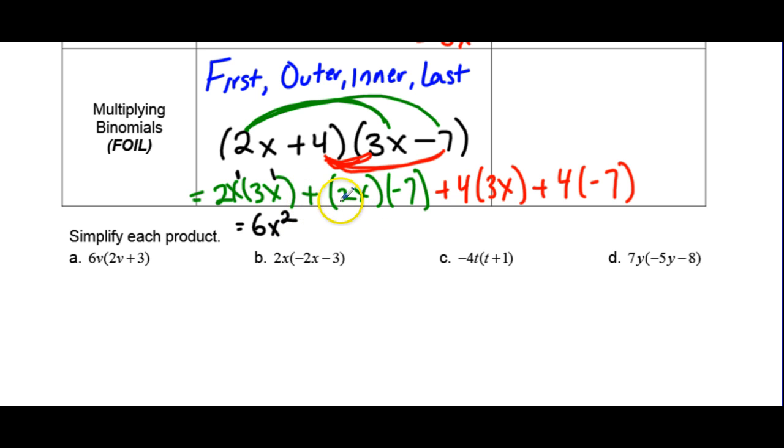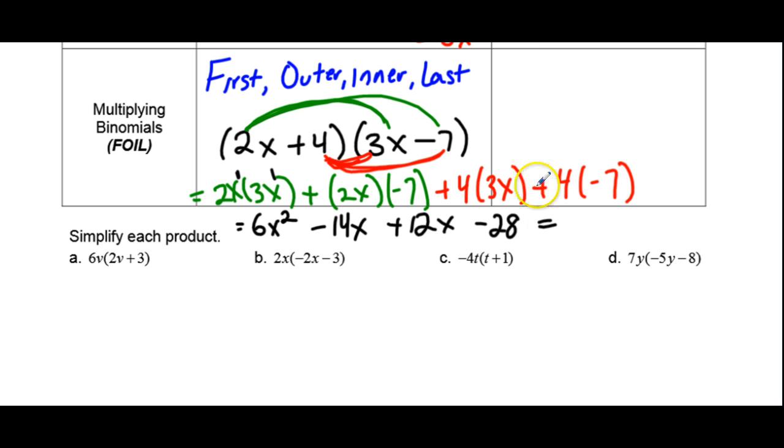So plus 2x times negative 7, that's going to be negative 14x, right? There's no x in the 7, so we're just going to write x, all right? So plus 4 times 3, that's going to be 12x, and then plus 4 times negative 7, that's going to give us negative 28, all right?